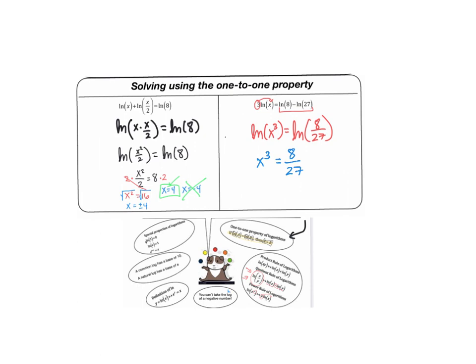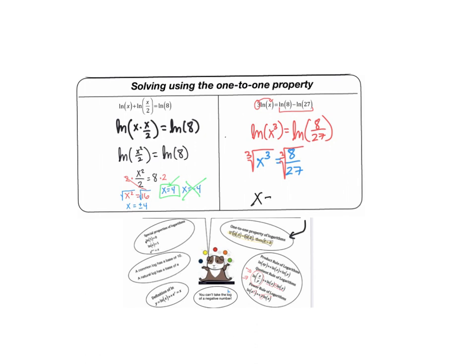Remember, the cube root means that if I take the cube root of a perfect cube, these are going to cancel out each other and leave me with x equals.